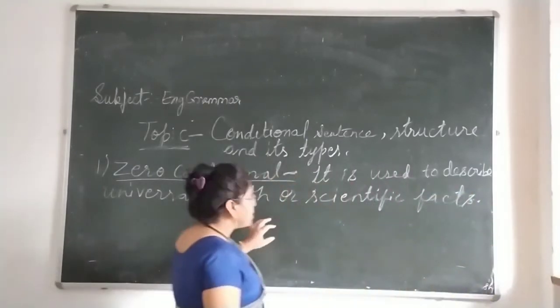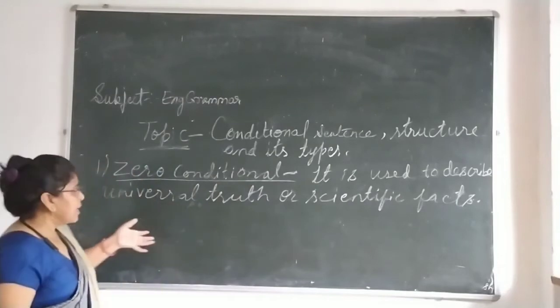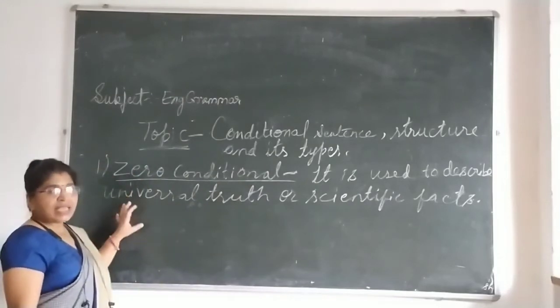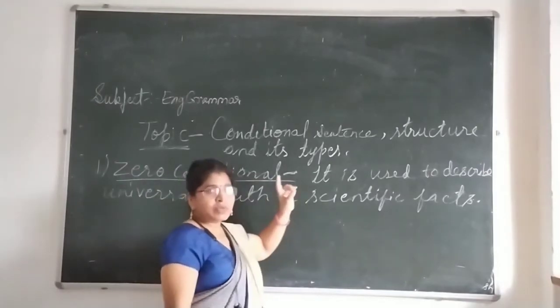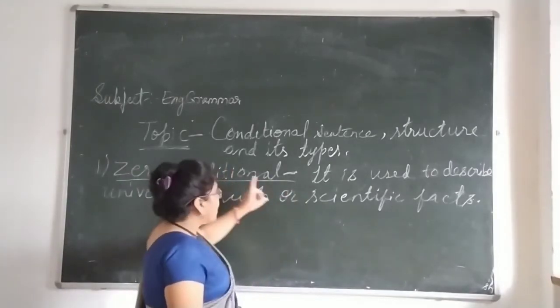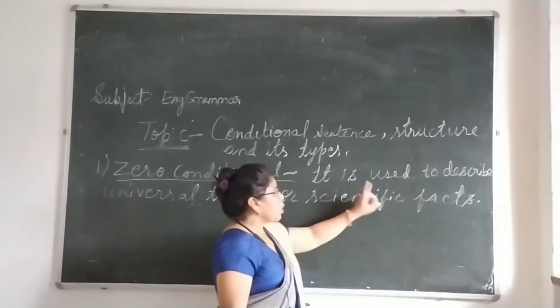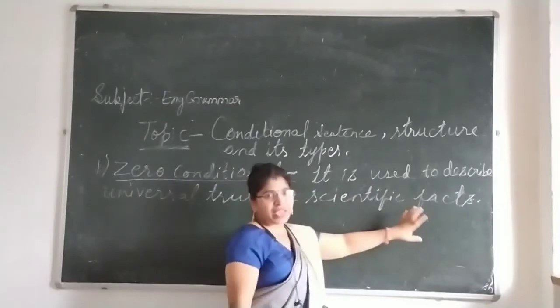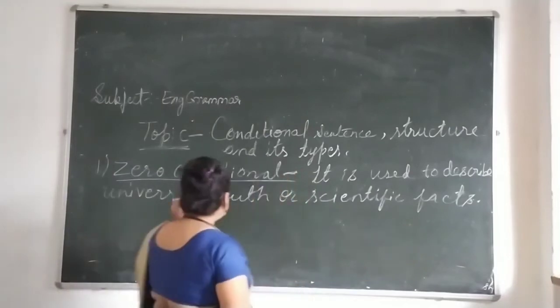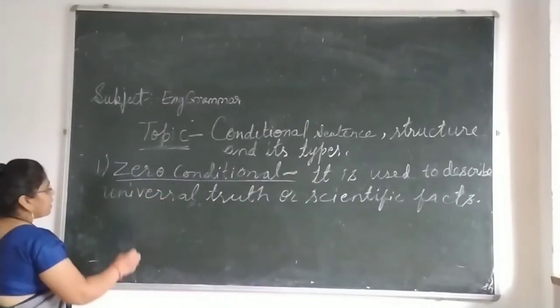Clear? That means how will you come to know that the sentence is zero conditional? Main thing, you have to see that zero conditional sentence always takes universal truth or scientific fact. Clear? And I'll clear it with the example here.